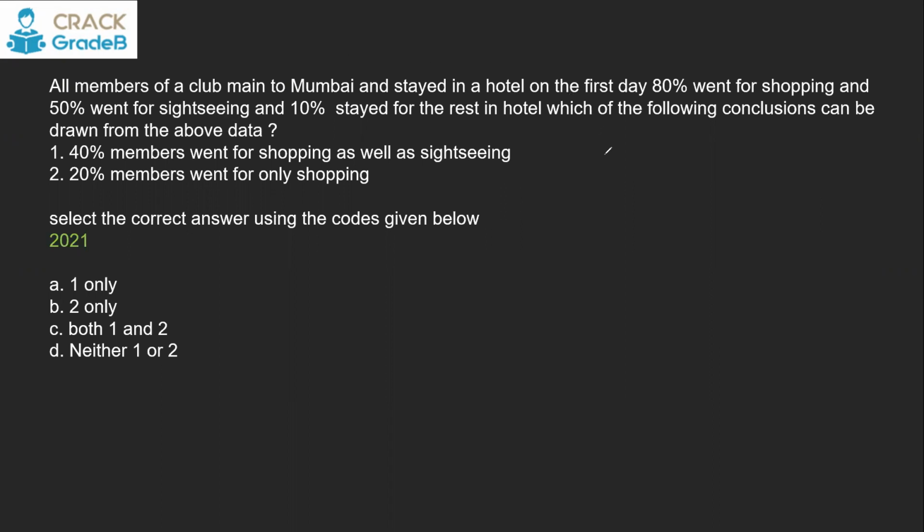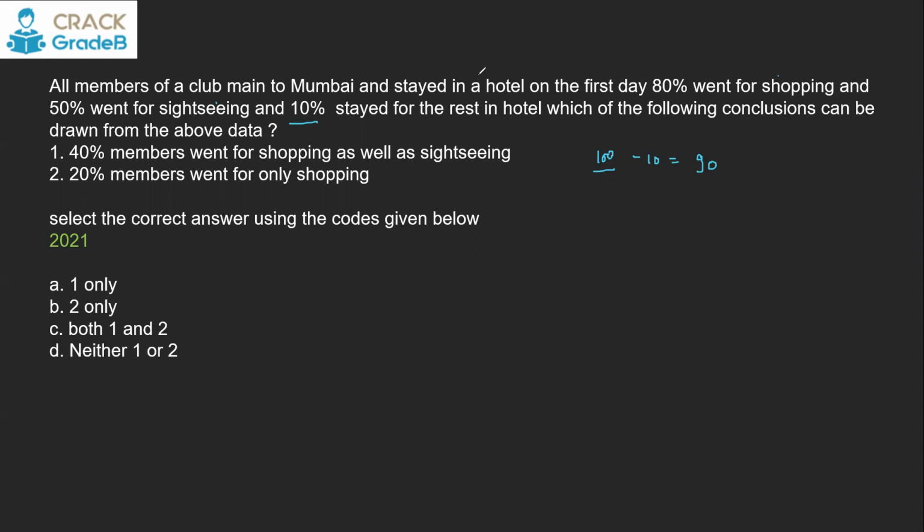So, if a total of 100 people went to Mumbai, out of which 10%, that means 10 people, are not going to go either to shopping or sightseeing. They are going to rest. So those 10, if you already rule out, the remaining are 90. So that means these 90 are the people who have to have, in our language, at least one of the coupons of sightseeing or shopping.